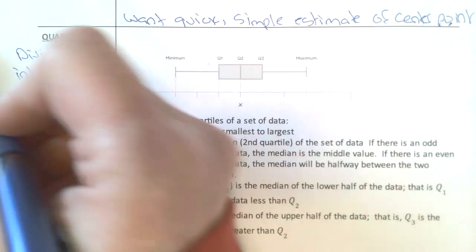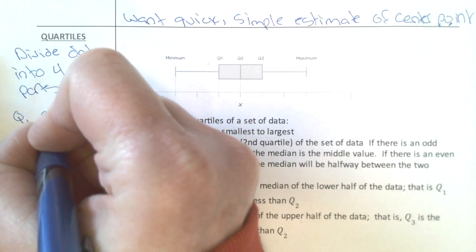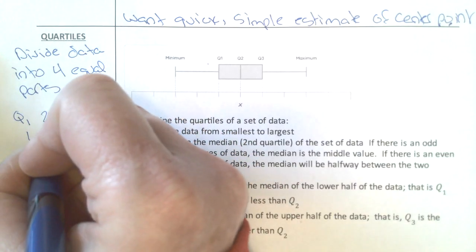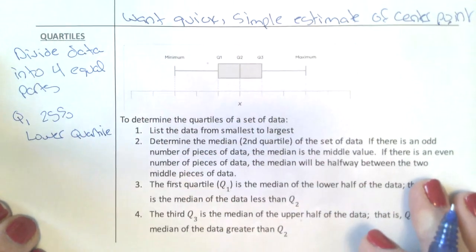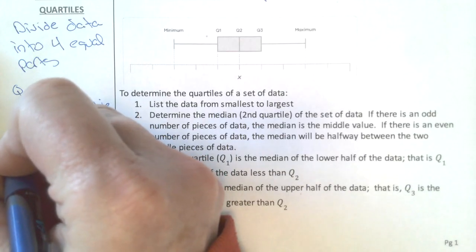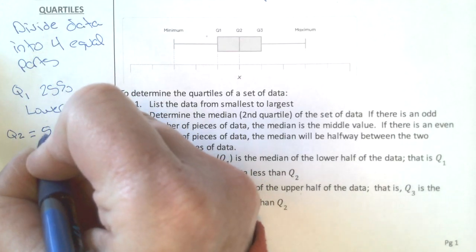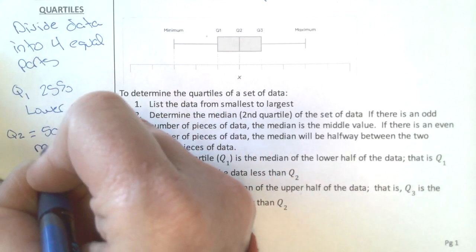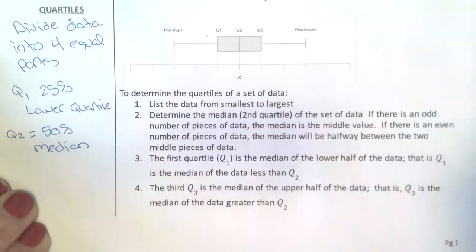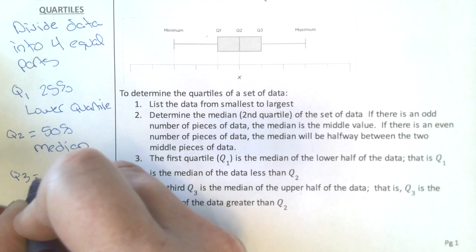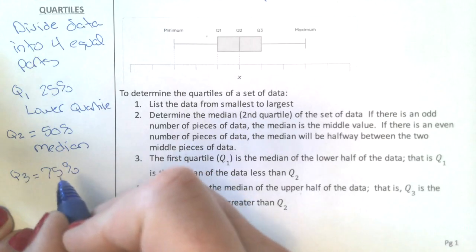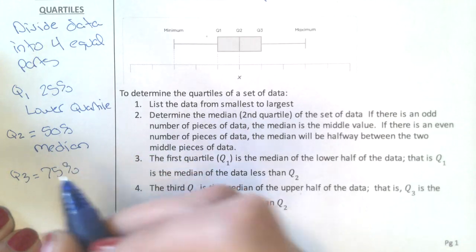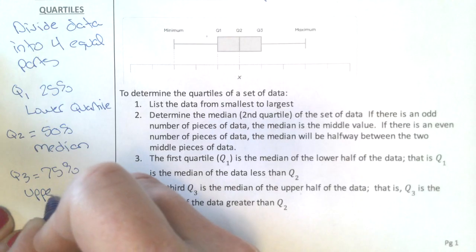So Q1 puts it at the 25% mark, and that is going to be the lower quartile. Q2 is the 50% mark, and that is where the median is. That's the middle. Q3 is going to be the 75% mark, and this we would call the upper quartile.